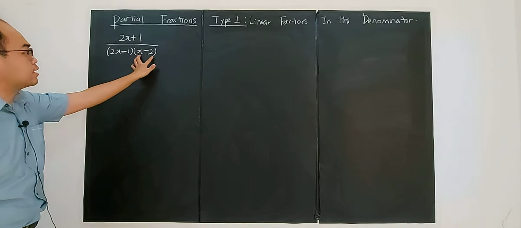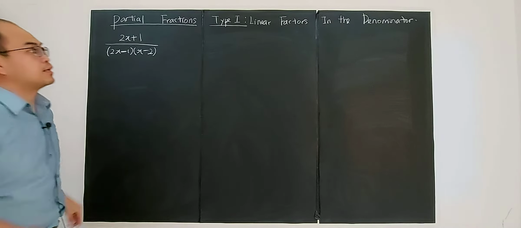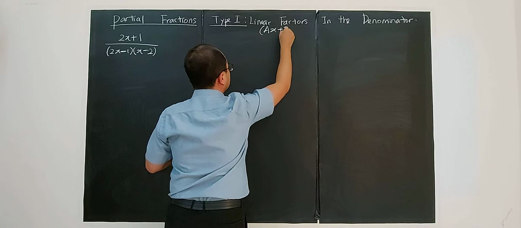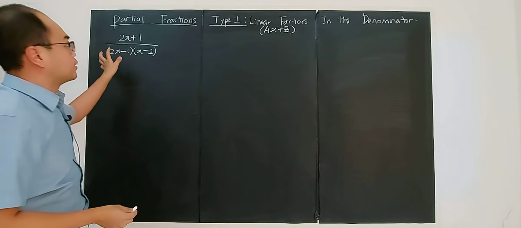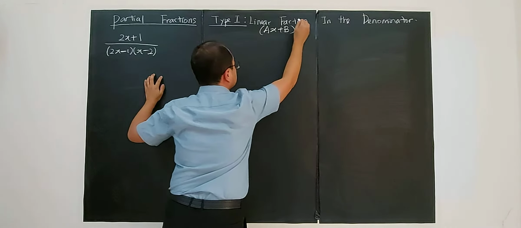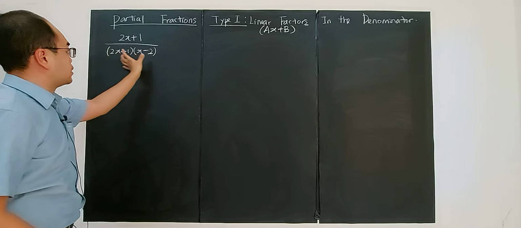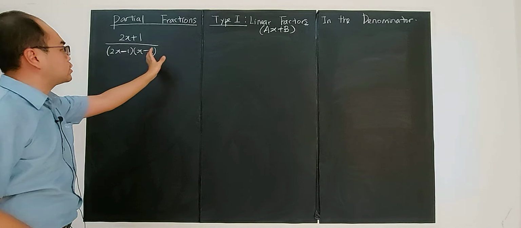Linear factors means the denominator has the form ax plus b. So linear factors means more than one factor. It can be 2x minus 1 and x minus 2, or maybe 3 factors.